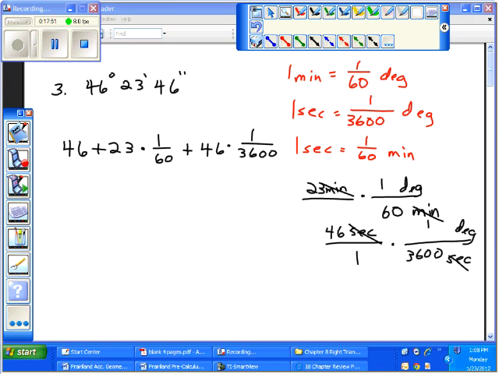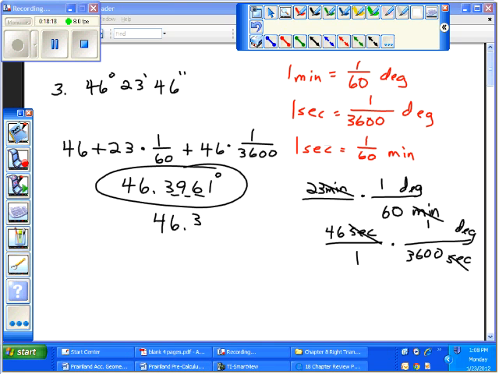And when you put all that in the calculator and hit enter, you get 46.3961, rounded to the nearest thousandth. And it says there, round to the nearest thousandth: tenths, hundredths, thousandth.